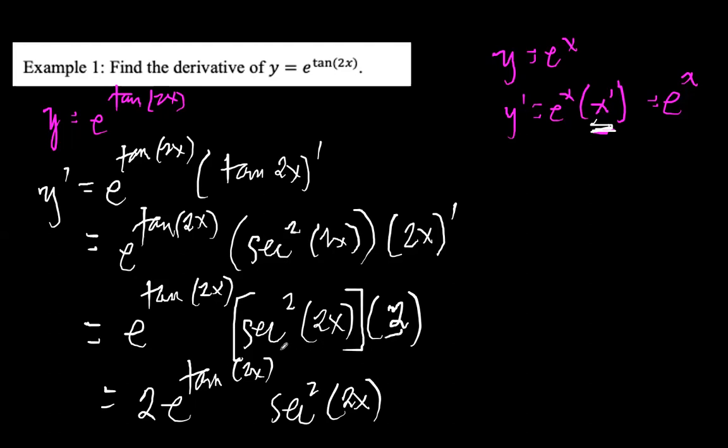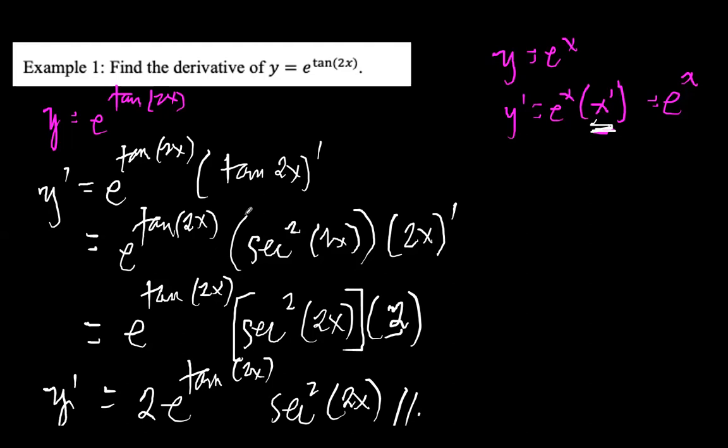If there are no parentheses or brackets here, we might multiply 2 to 2x here, okay? However, 2 is the coefficient of this expression, not a multiplier of an angle of secant, all right? So this is now our final answer. Okay, so that's y prime.